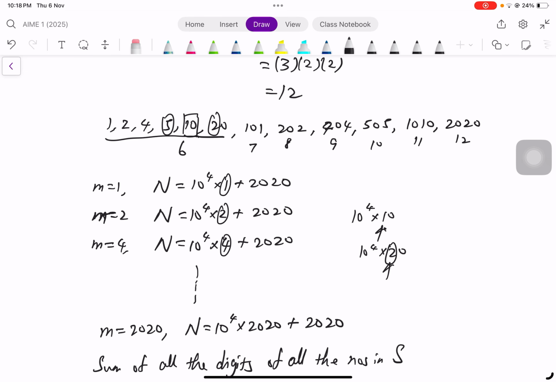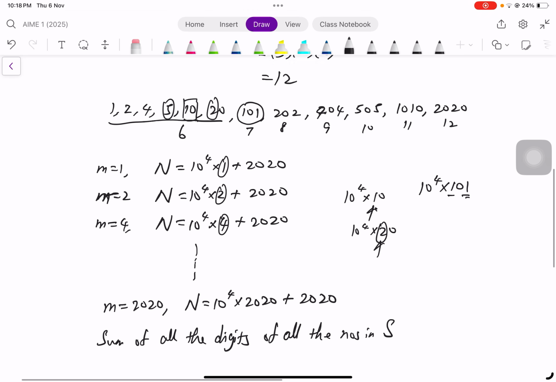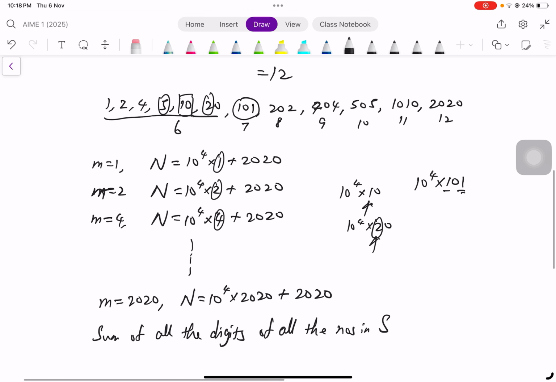Then after that you look at 101. That means it's 10 to the power 4 times 101, and you count these two digits. Then you count 202.